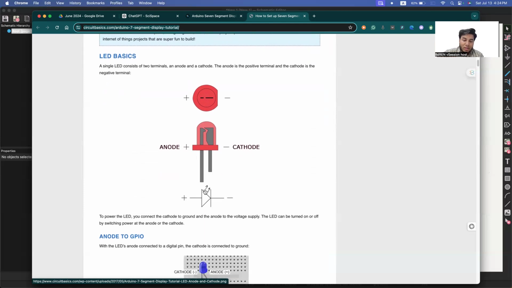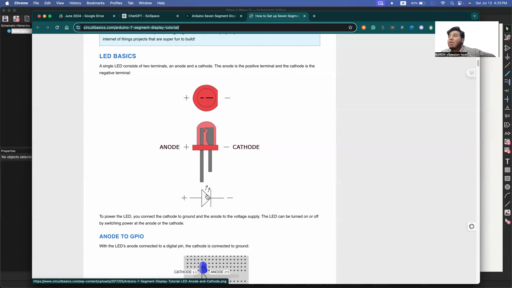Okay, fine. There are some arrows indicating emission towards the top, which shows that something is emitting from here. That is right, because this sign is very familiar for the LED, since LED stands for light emitting diode.